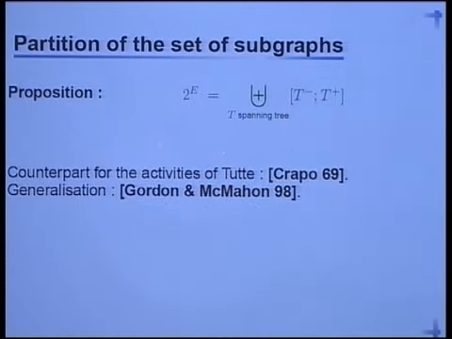The first thing is that the set of intervals forms a partition of the set of subgraphs. So the set of subgraphs is a disjoint union of these intervals. This was done first by Crapo, I think, for the activities of Tutte, and there is a generalization by Gordon and McMahon.